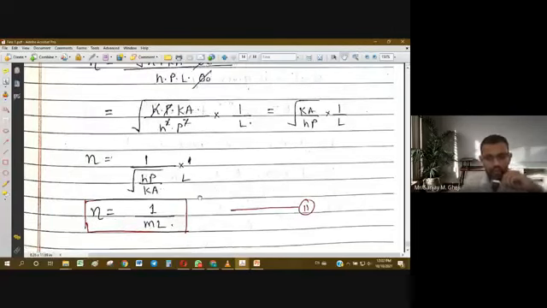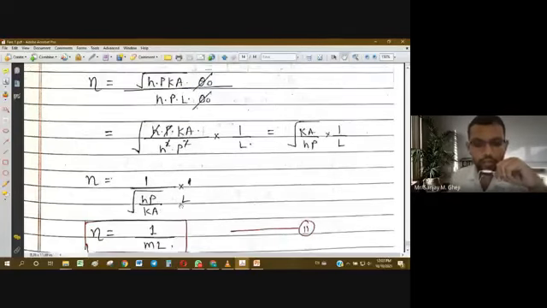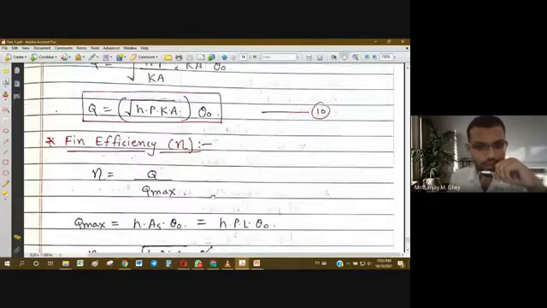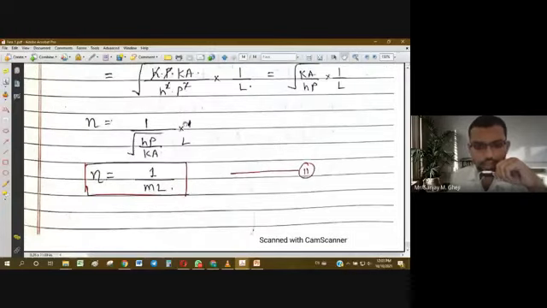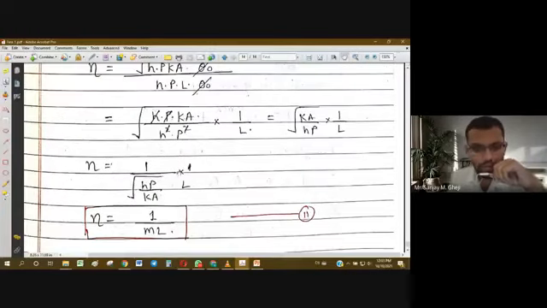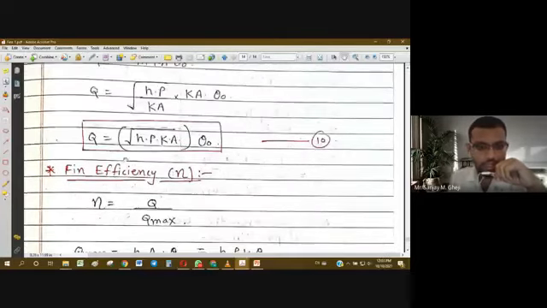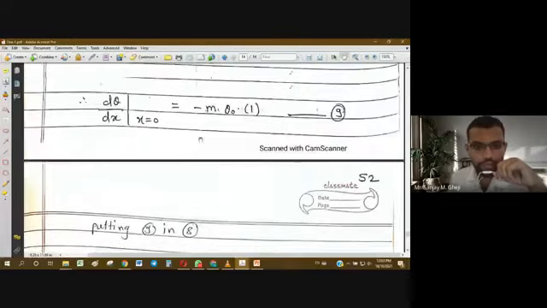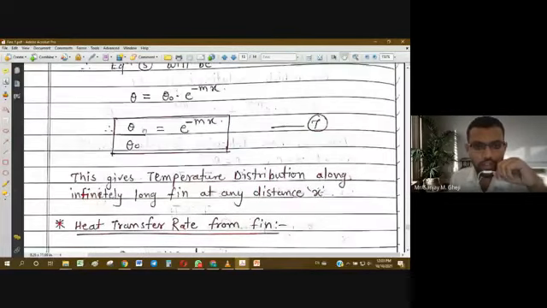So we are getting only very short forms of equations for the infinitely long fin case. These three formulae again you have to remember. Efficiency is 1 upon ml. Heat transfer rate is under root hp upon k into theta 0, and temperature distribution is again very simple: theta by theta 0 is equal to e raised to minus mx.